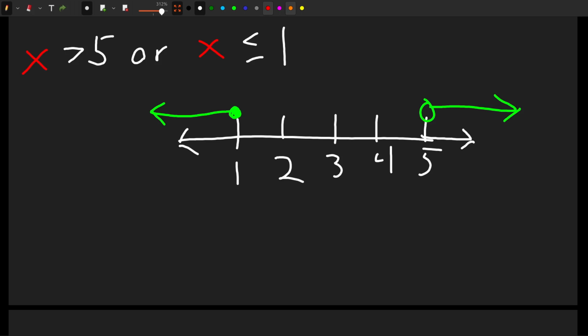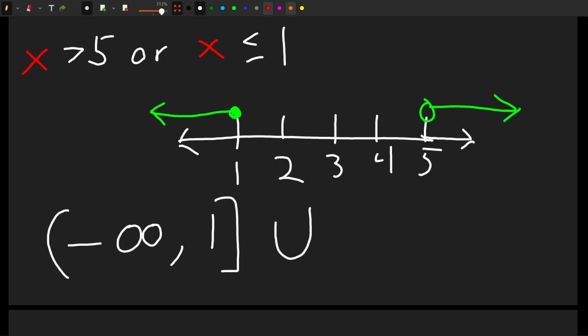Now for our interval notation, I think in this way our interval notation actually looks the cleanest. It'll look something like this, where it's negative infinity to 1, open parenthesis on negative infinity, closed bracket with 1. Then we're going to have the union symbol, 5 to infinity.